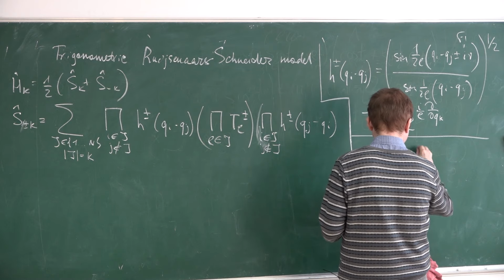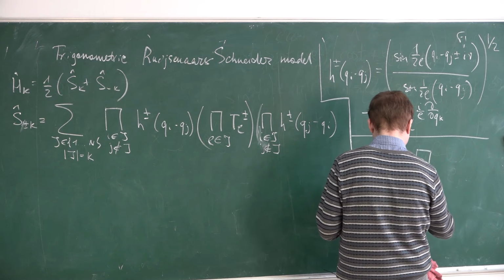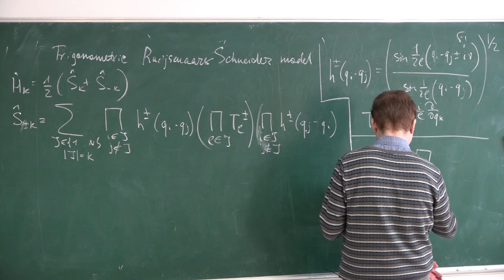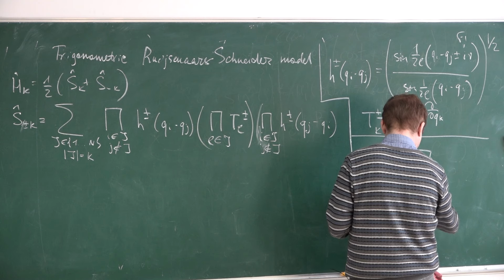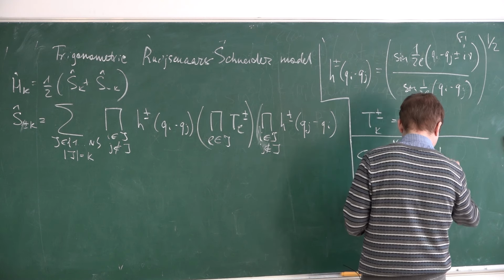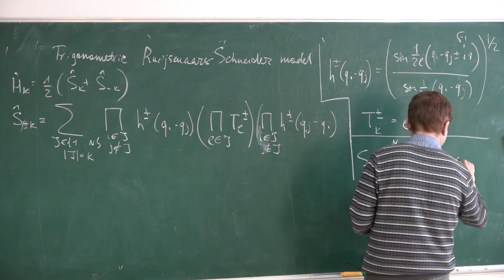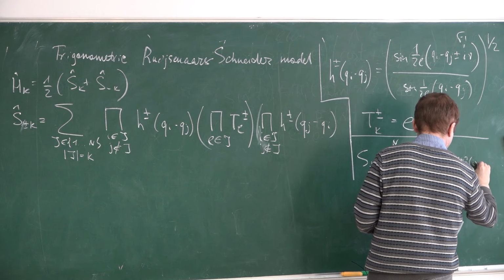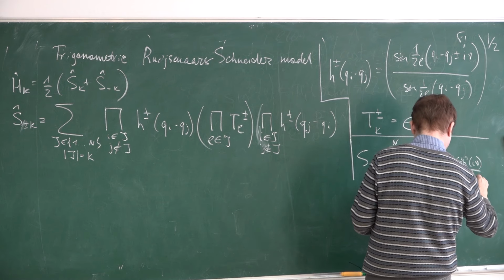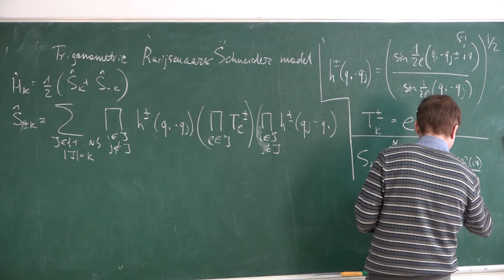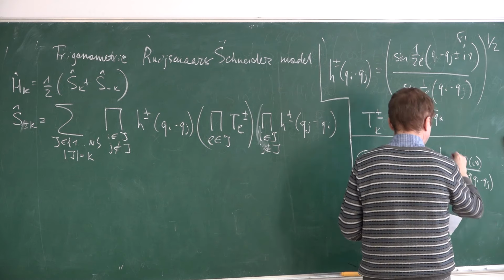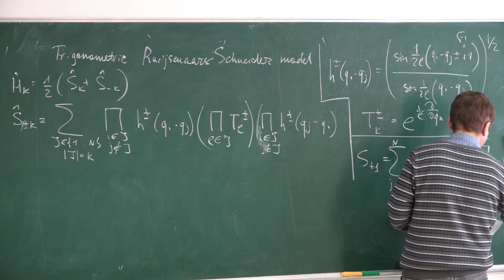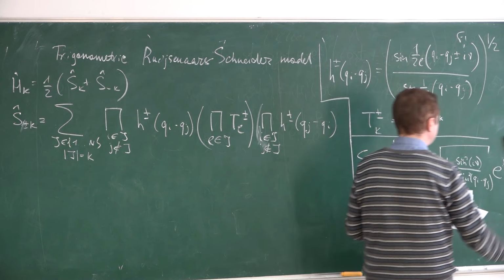So in fact it is just a product over j, where j is not equal to i, square root of 1 minus something, multiplied by the exponent of momenta.